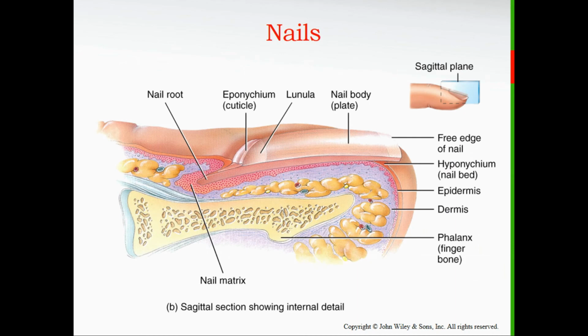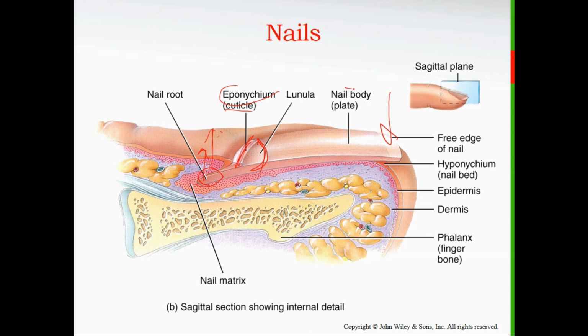So here's a diagram showing the different areas. So the nail root you can see is right here. That is under the skin. So if you push down on the free edge, that will cause this to pop up, and you can kind of see how deep it goes. The eponychium, also known as the cuticle, is that little layer of skin at the very back. Again, that wider half moon shaped structure underneath the nail bed at the back of your nail is called the lunula.